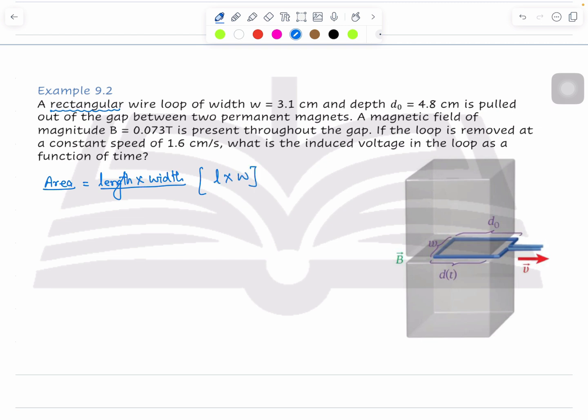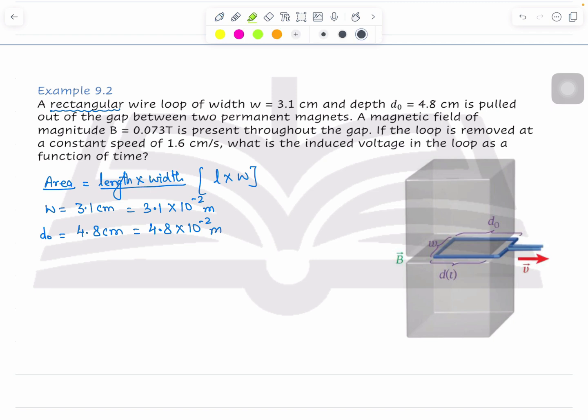A rectangular loop of width W is given. W is given 3.1 centimeter, which is equal to 3.1 times 10 raised to negative 2 meter, and depth D naught. D naught is given 4.8 centimeter, which is 4.8 multiplied by 10 raised to negative 2 meter, is pulled out.